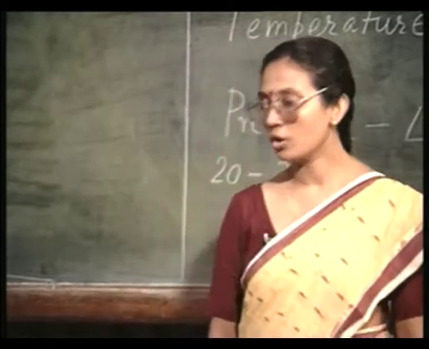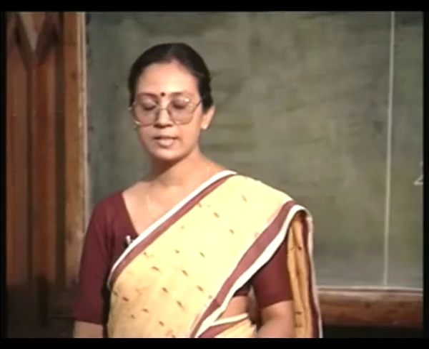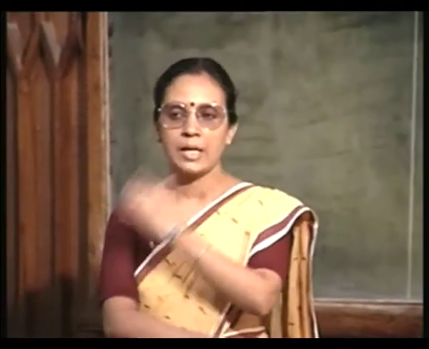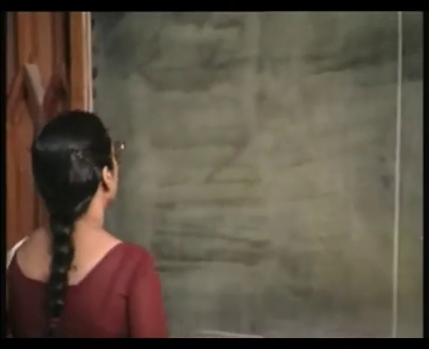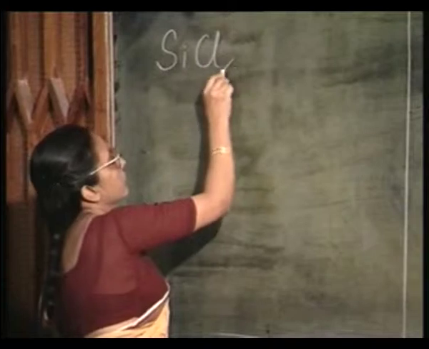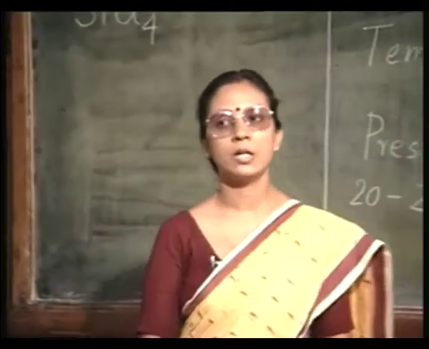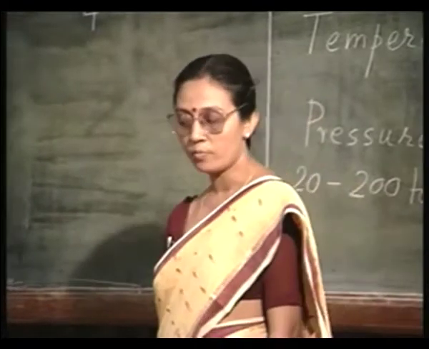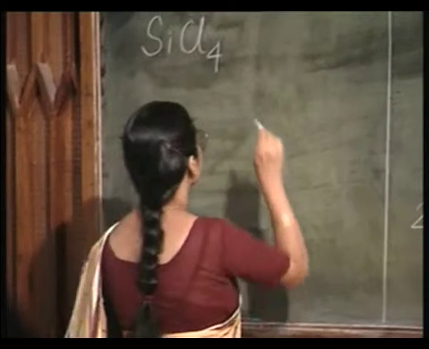So, this reaction actually takes place in two parts. In the first part, the silicon tetrachloride, for example, reacts with hydrogen and it forms SiCl2 and HCl.